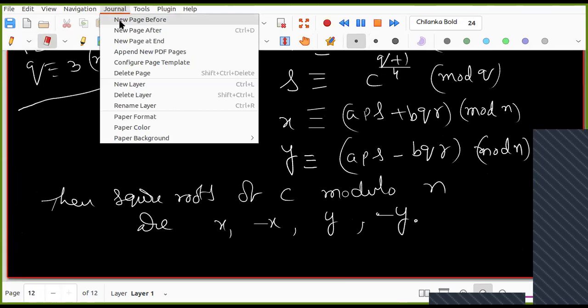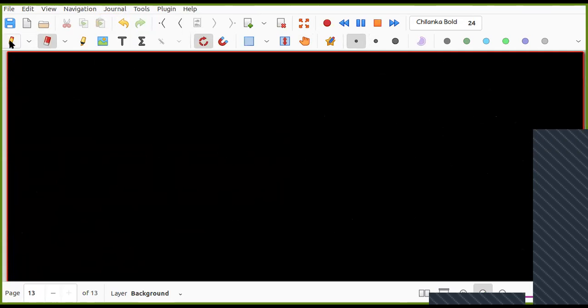Now the second problem is there, right? How do I choose one of them? For that, there is a redundancy. We'll add more bits to it. Let me write and then I'll give one example so that it becomes easy for you.